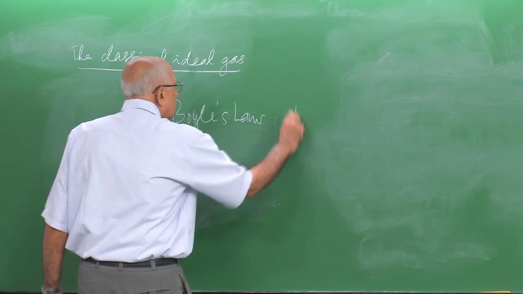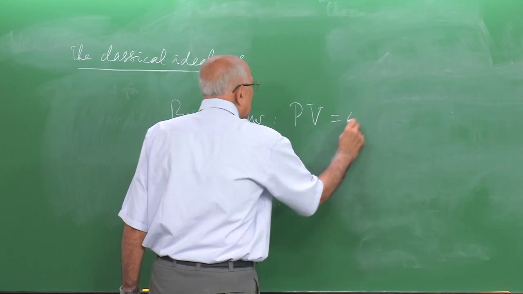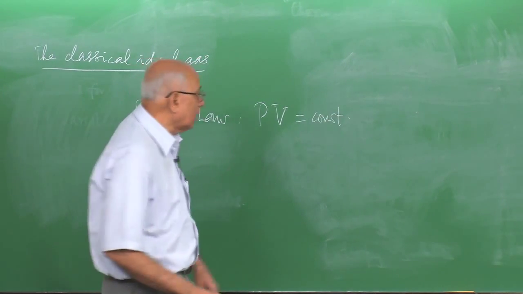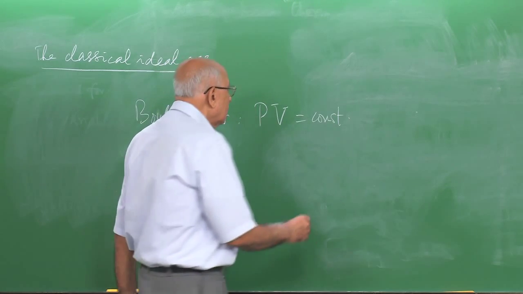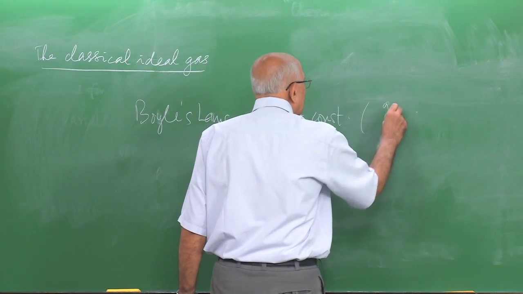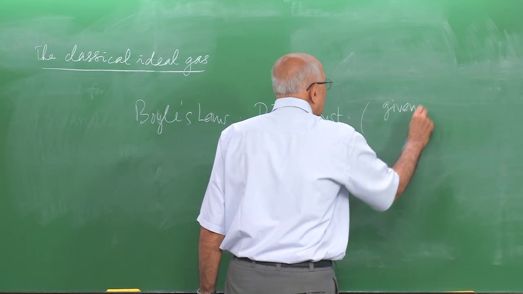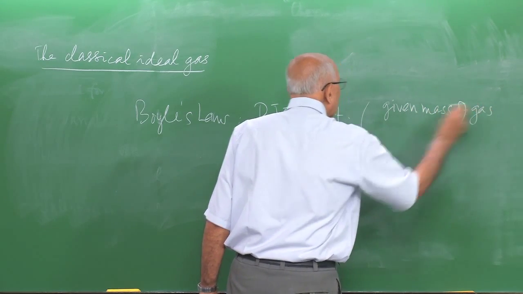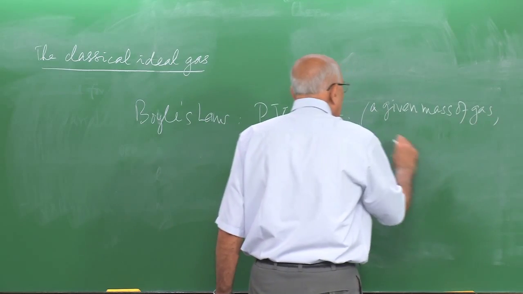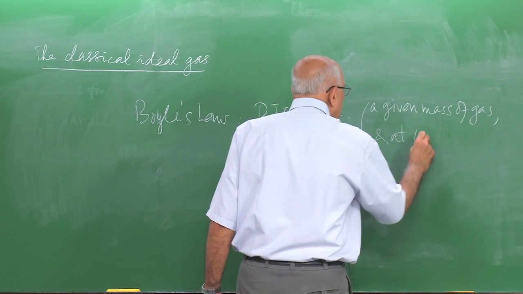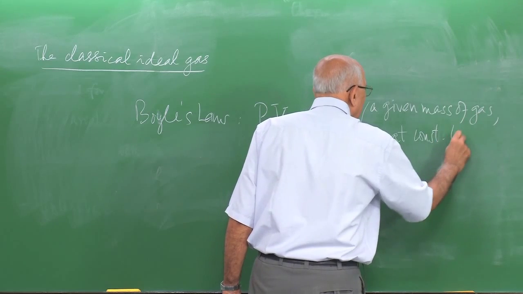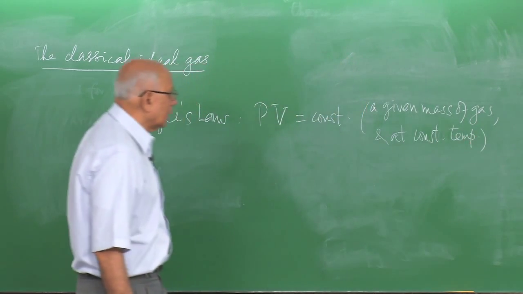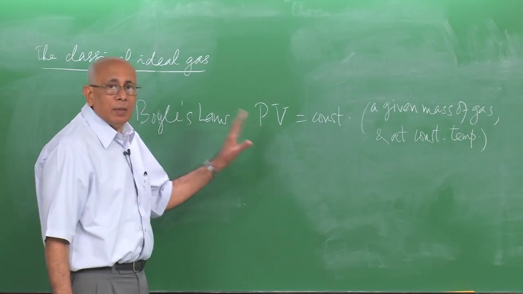which said that the pressure times the volume was equal to a constant for a given mass of gas and at constant temperature. So that was one empirical observation.